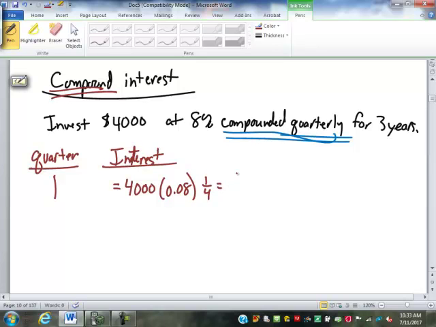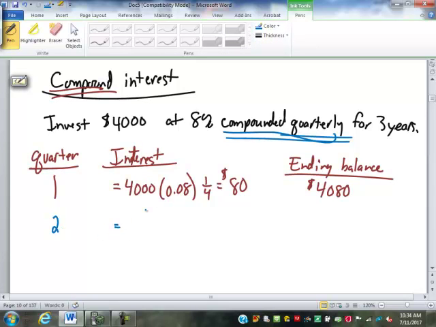Or 3/12. So that's going to be $80 in interest. So our ending balance is going to be 4,000 plus 80, or $4,080.